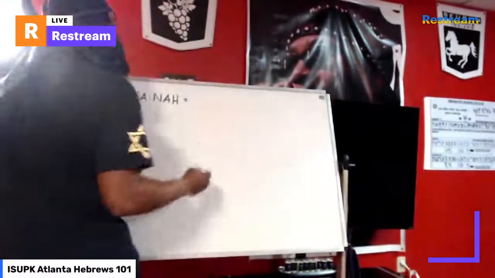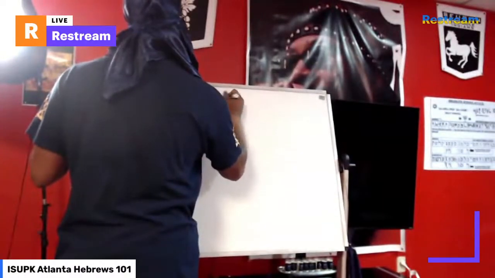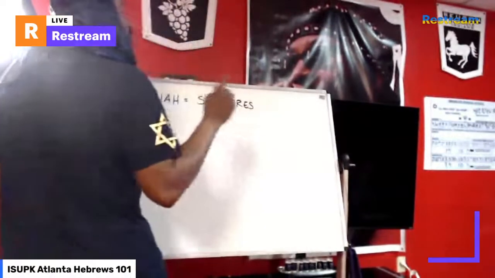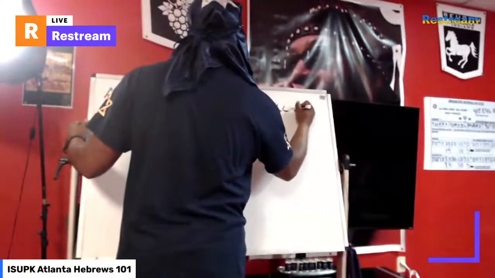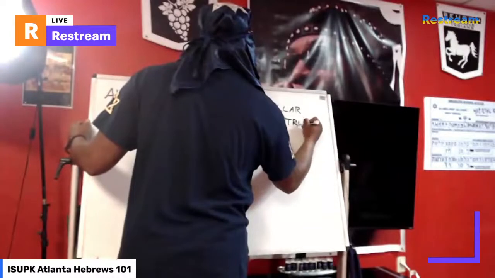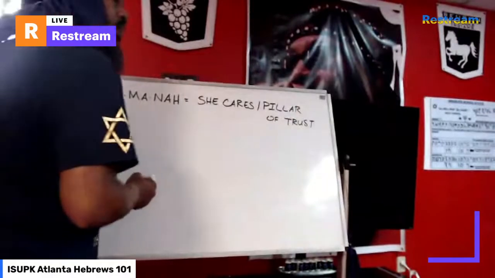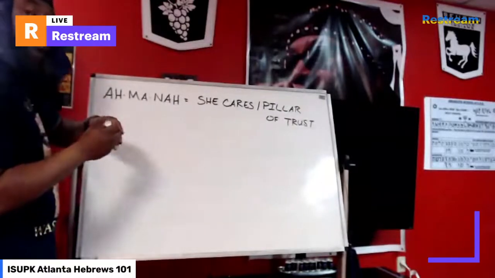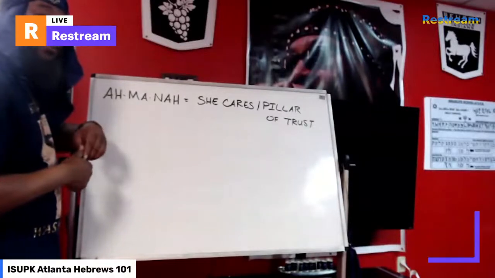And Amana means this. It means she cares, or pillar of. So now that you know this name, and you hear this name in Israel, you say, hey, I'm looking for a sister named Amana.